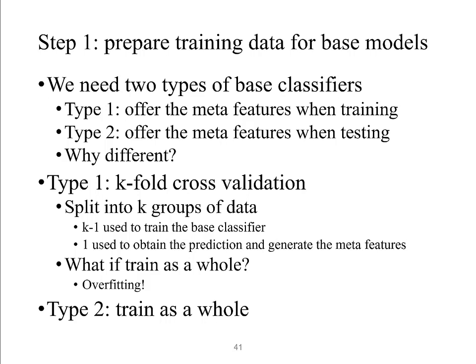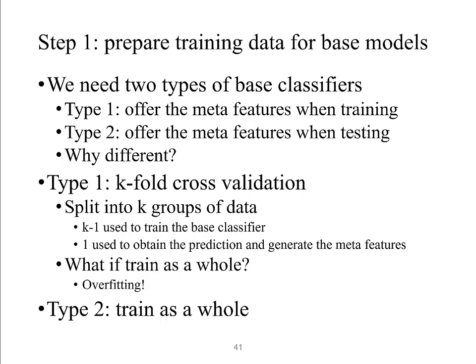So why do we need two different types of base classifiers? Let's look at the first type of base classifiers first. Here we propose to use the idea similar to k-fold cross-validation.